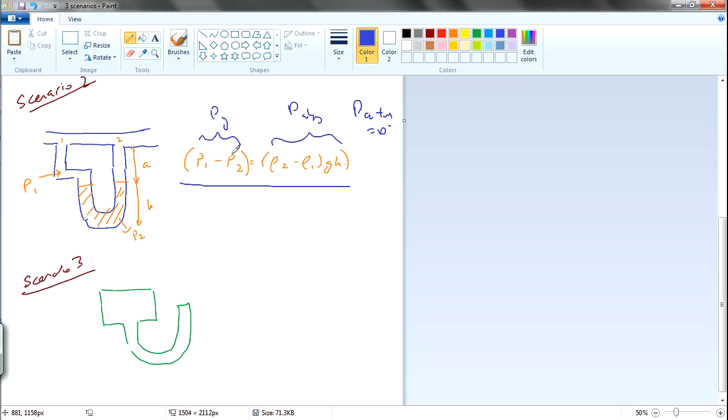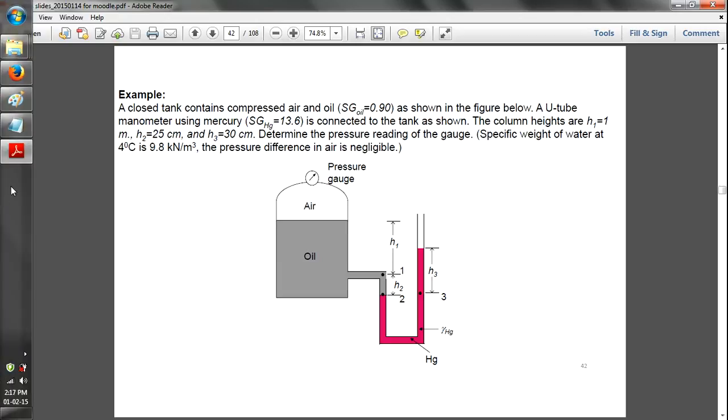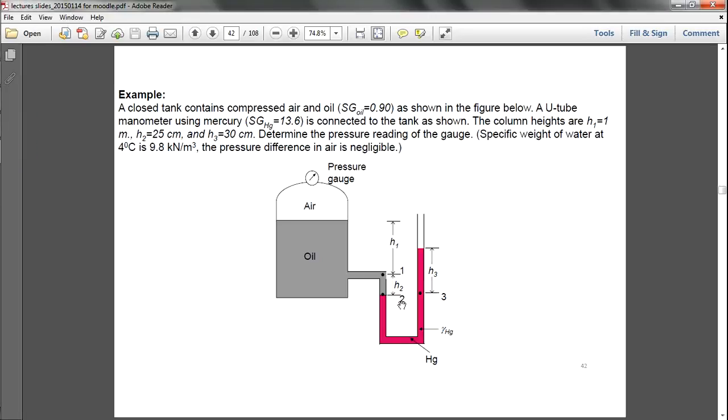Okay, so for scenario 3, I think it's a very similar question to this one. If you were to solve this, you eventually get the answer. I mean the equation. So I've actually got the answer. But maybe in the future I'll just do this question.